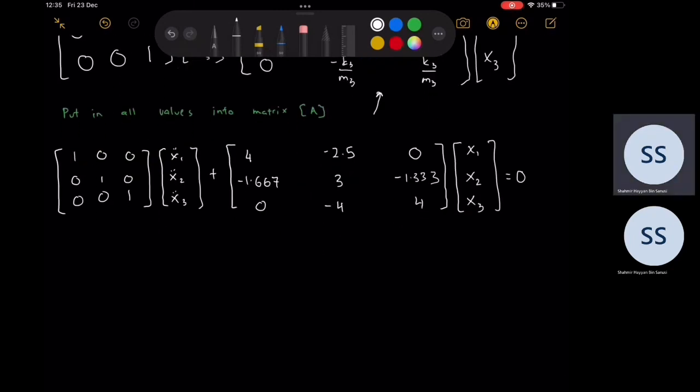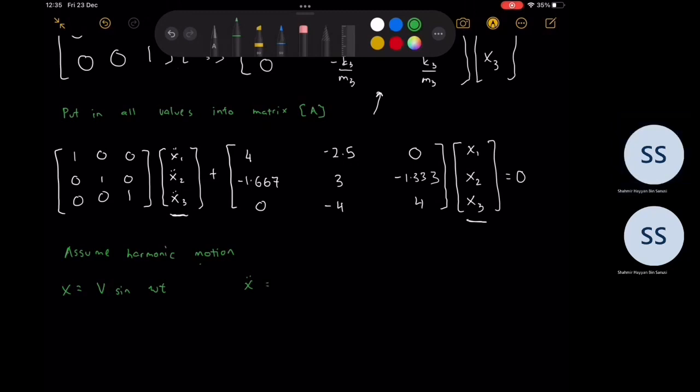So how do we solve this? Because we have x double dot here and x here. If you remember the step, we assume harmonic motion, where harmonic motion is given by x equals v sine omega t, and x double dot is negative omega squared v sine omega t.